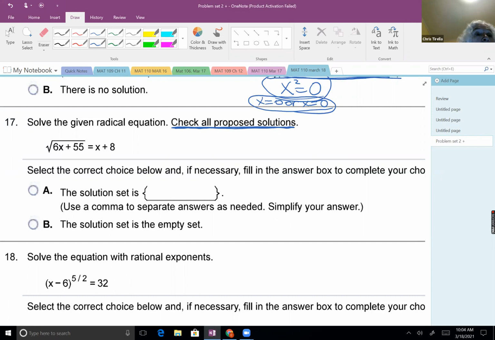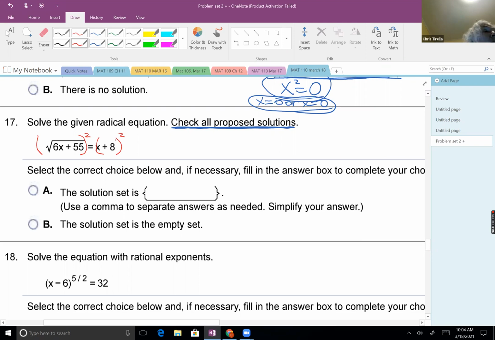Can anybody remind me of what we had to do with this radical equation, the equation with the square root, if there is a variable underneath the square root, in order to get that variable out of the radical and solve it? Anybody remember? Just raise both sides to the power 2. The opposite of taking the square root is to square. So we're going to square both sides.